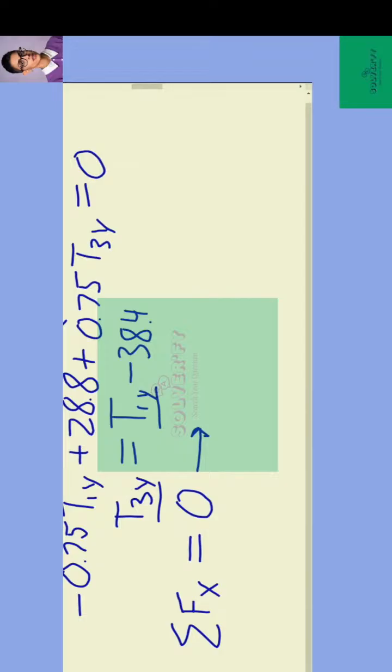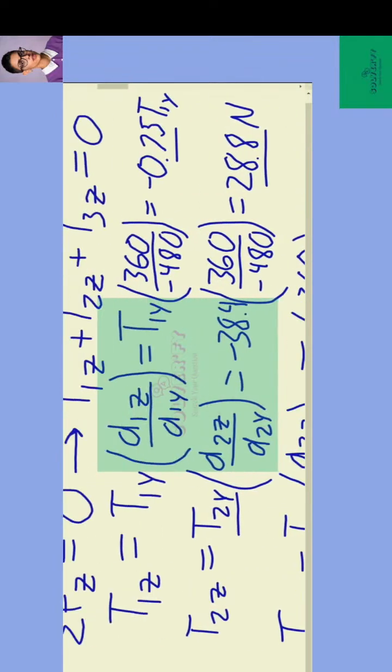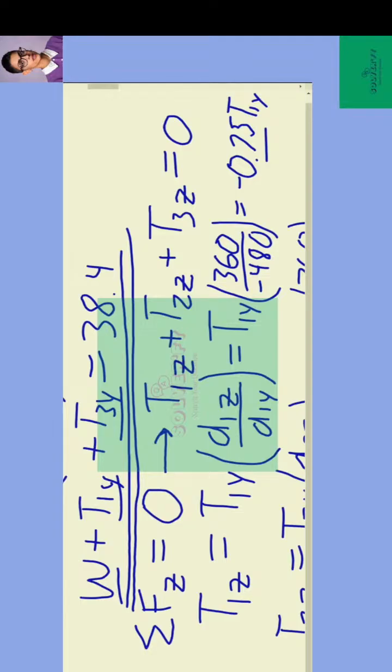So our equation becomes T1x plus T2x plus T3x equals 0.